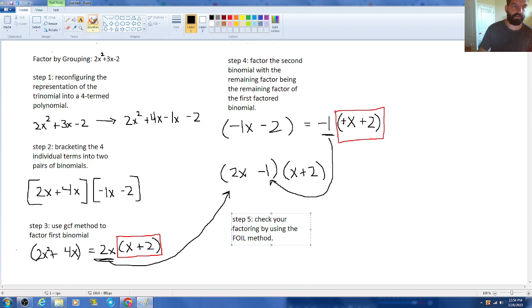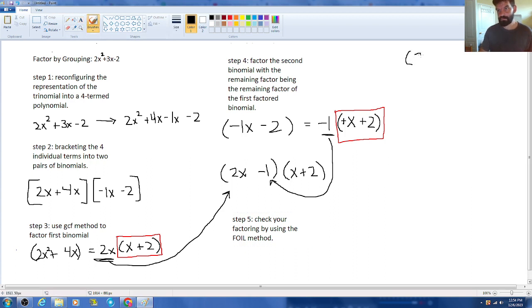So if I take 2x minus 1 times x plus 2. Remember, FOIL is first, outer, inner, last. We'll go ahead and do the acronym. So first is going to be 2x times x.